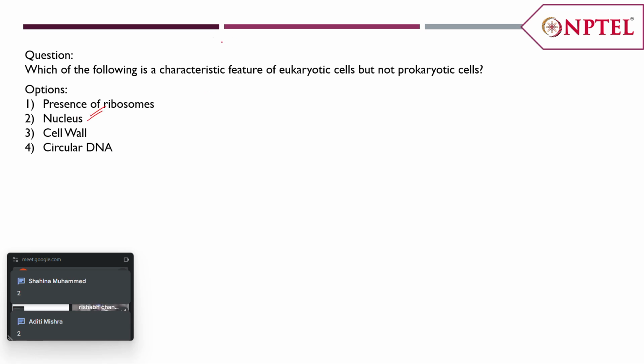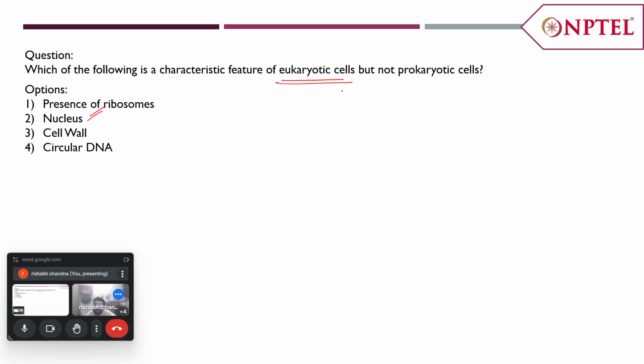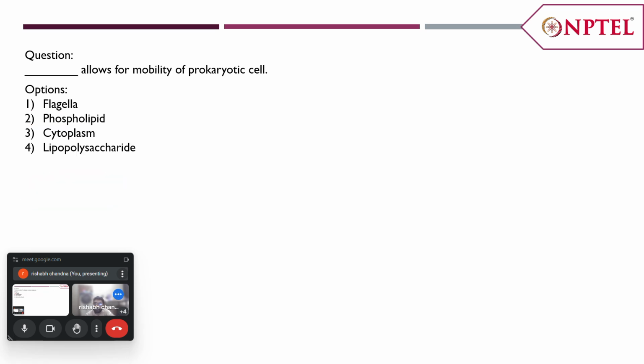As I discussed in the first question, the characteristic feature of the eukaryotes is a well-defined nucleus. Okay, and prokaryotes do not have a well-defined nucleus. So the difference is majorly the nucleus part. So the correct answer is option number two. Let's move on to the next question.